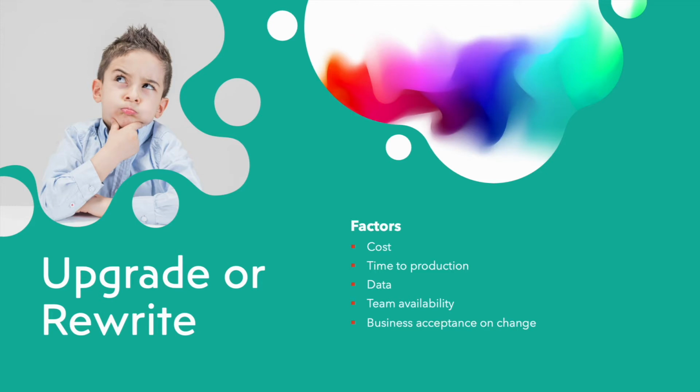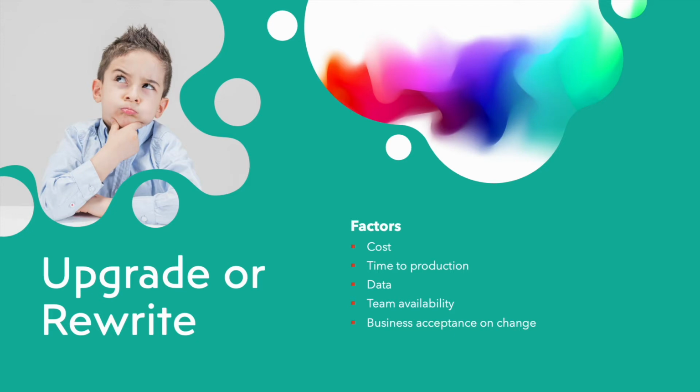And then I have written team availability. This is again an important point, because if you're rewriting, we need some existing developers or business analysts who were there while developing our current application. If you're hiring a new team, new developers and new business analysts, it will be a little tough for rewriting.